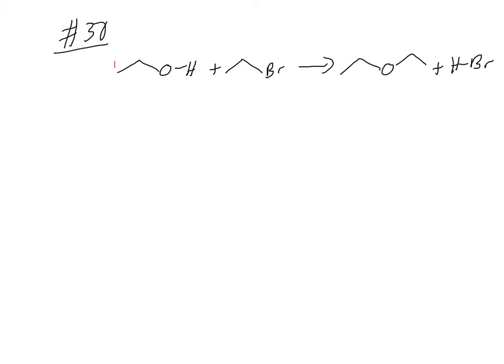So I'm just going to say 1, 2, I'm going to throw oxygen in there, 3, 4, 5. The product is 1, 2, 3, 4, 5. So the one question they ask you here, and we're going to take this a little step further, is, okay, this is what happens.